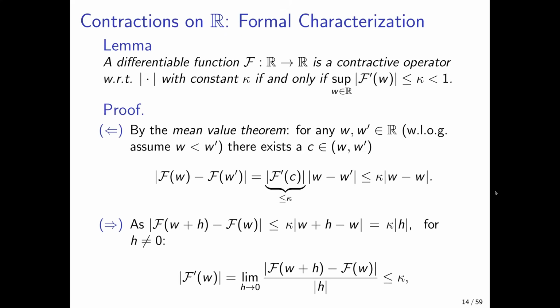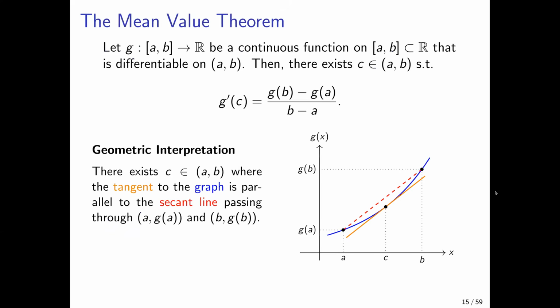But the main idea of the proof is based on the mean value theorem from basic analysis. It says that for some differentiable function on [a, b], when we look at this difference quotient for the points a, b, then we find some value c in between where the derivative of the function at the point c takes exactly that value.